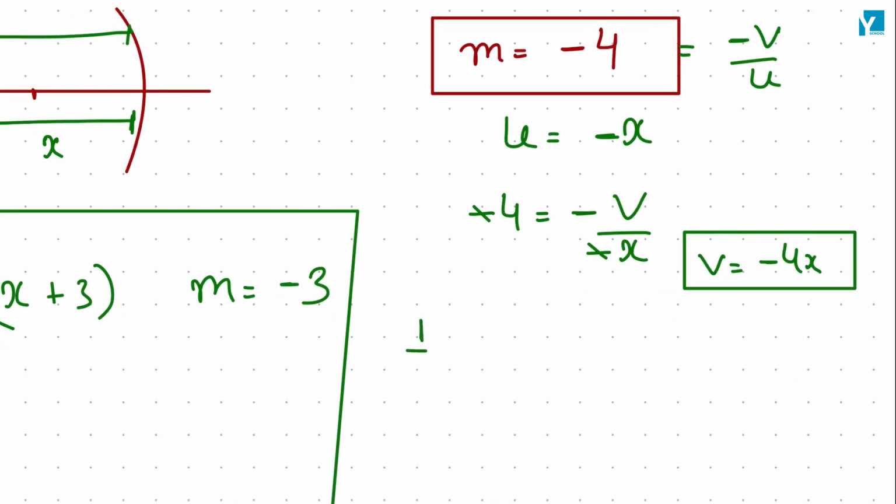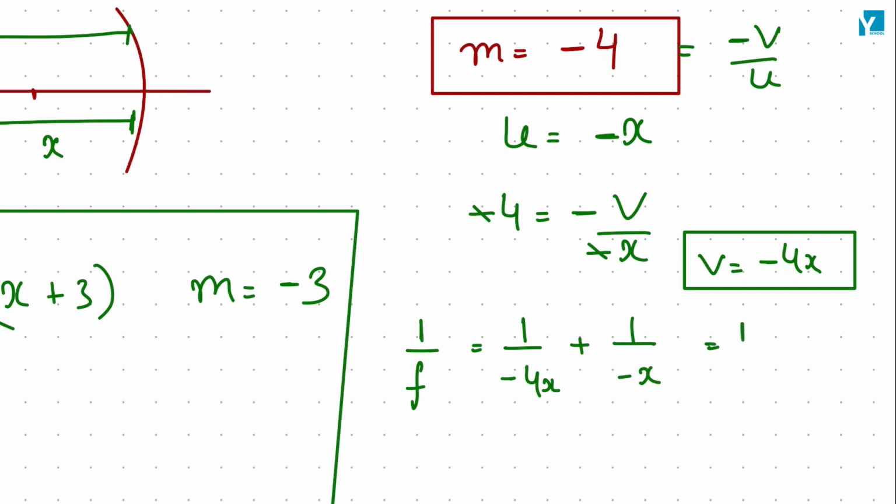Let's try. So 1 upon f, which is going to be negative, but let's just keep it f because the answer will give out a negative value itself, is equal to 1 upon v, which is minus 4x, plus 1 upon u, which is minus x.